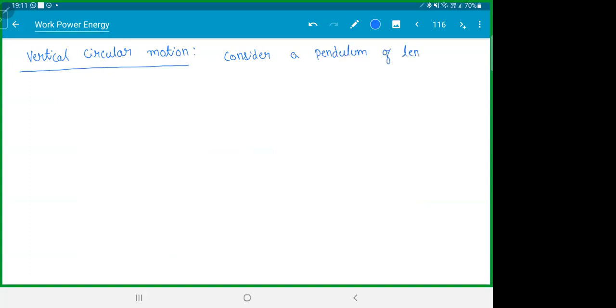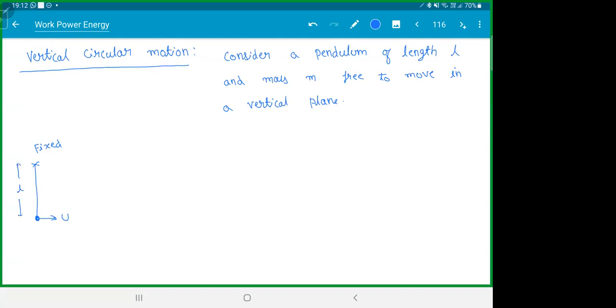Pendulum of length L and mass m, free to move in a vertical plane. So this is fixed here. This is going with speed u. This is length L. We are taking this to be a string.